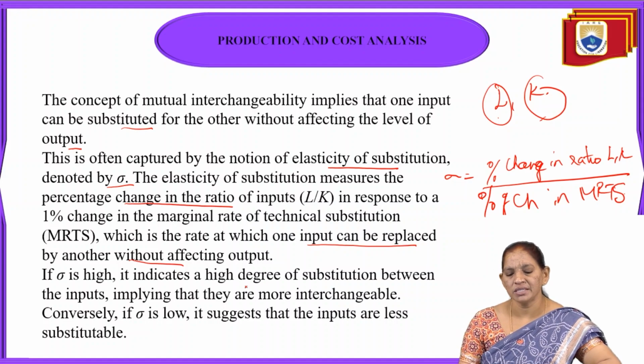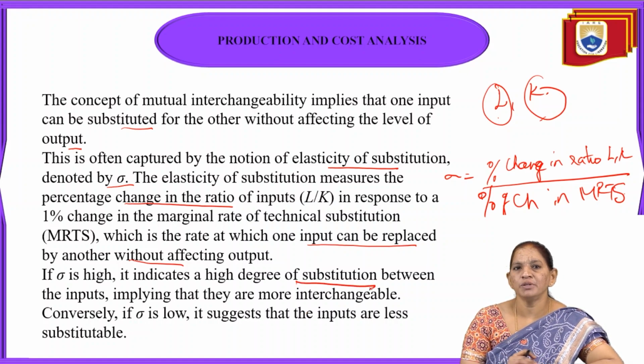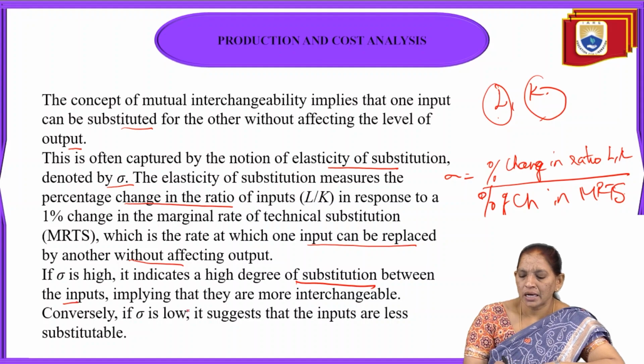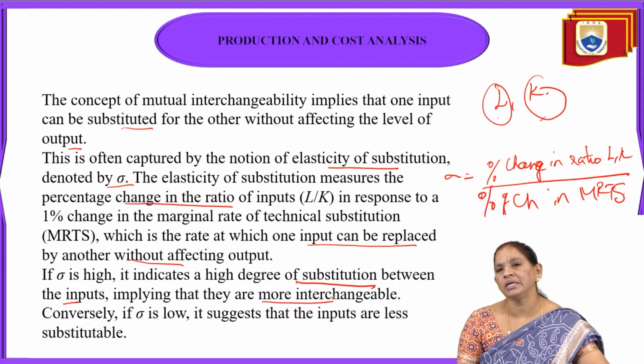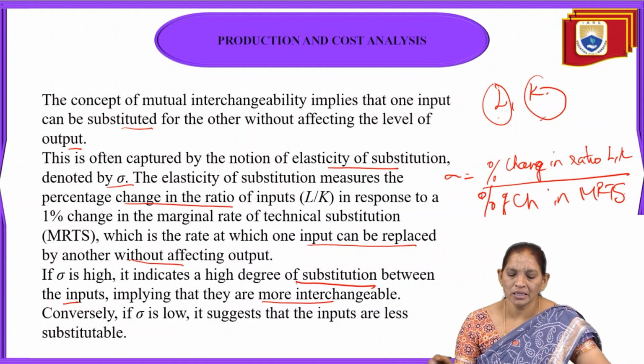So here we can say that a high elasticity of substitution indicates a high degree of substitution between the inputs, implying that they are more interchangeable. Once the substitution effect of one for another is high, the inputs are more interchangeable.